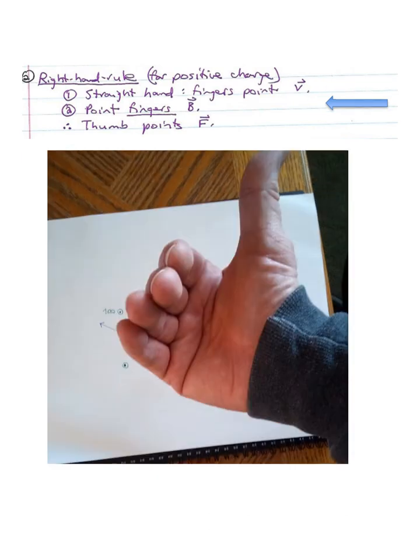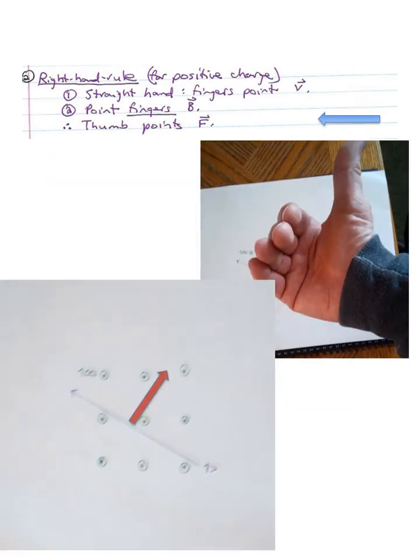And there I've rotated my hand, so my arm is still pointing in the direction of V, but my fingers now can bend and point up out of the page. And when I do that, my thumb naturally points as I oppose it perpendicularly away from my hand. My thumb points in the direction of the force. And so there it is. Now, by the way, you can also use the first right-hand rule that I taught you and see that it works here as well.